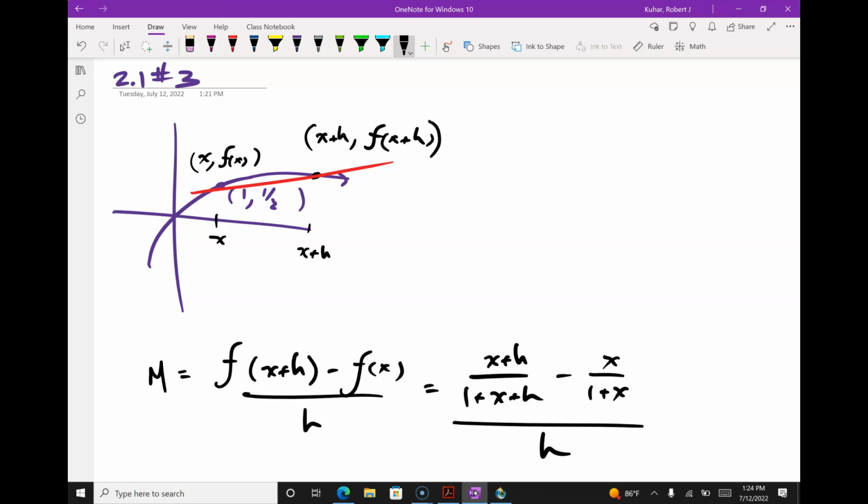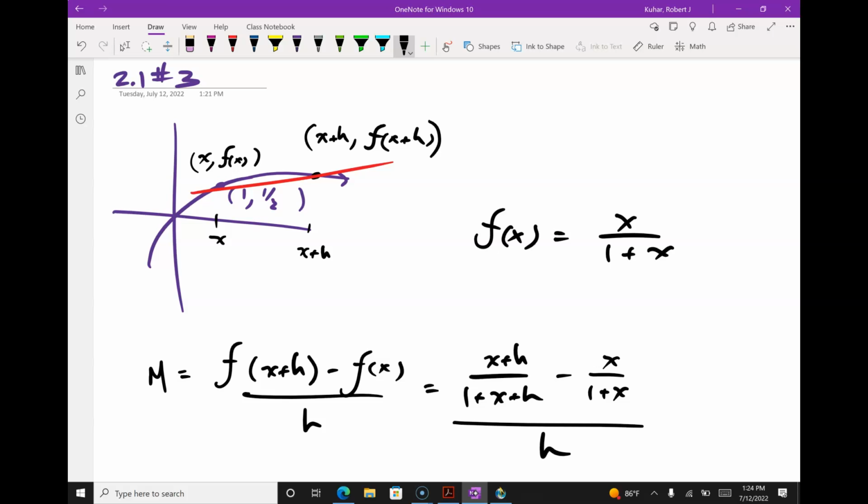I took my function, x over 1 plus x. Instead of x, I wrote x plus h.